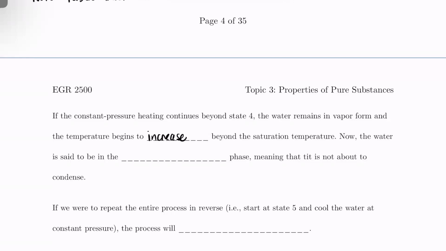When that happens, we call that a superheated vapor phase, meaning that it's not about to condense. So we have a vapor that's not close to condensation. It's a very hot vapor.